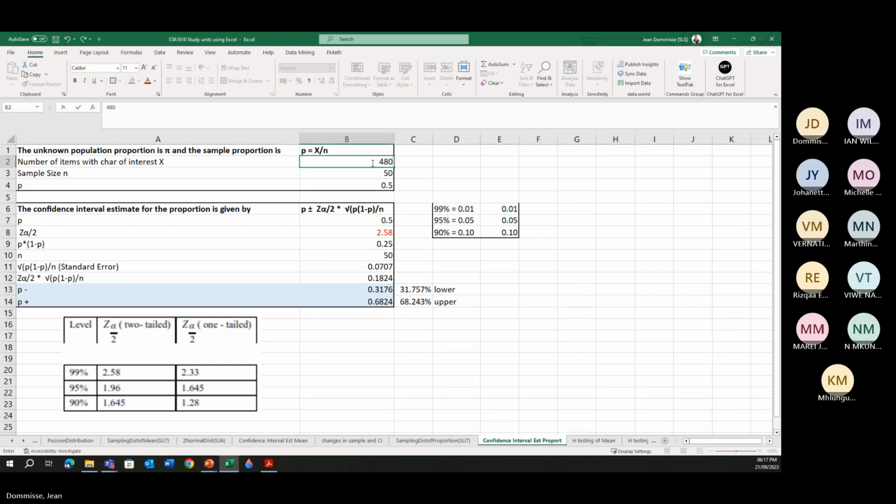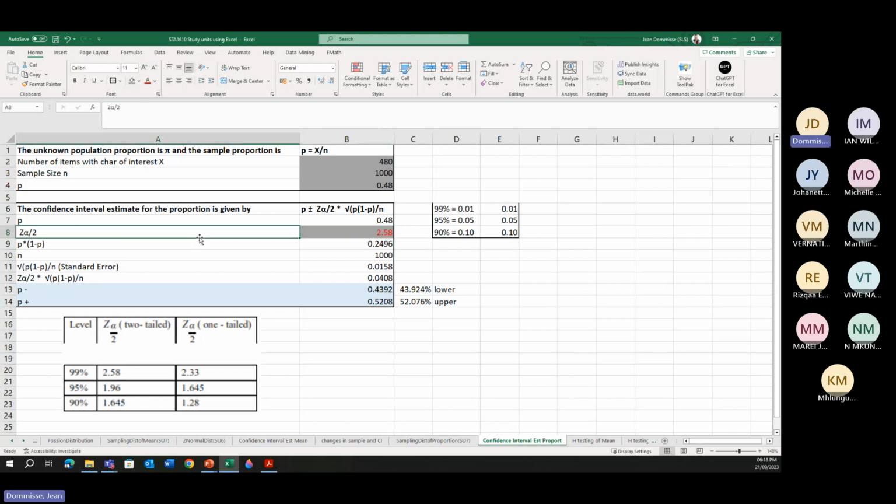Again, we had 480 out of 1,000. They told us that we are working with 1.96, because they told us 95%.